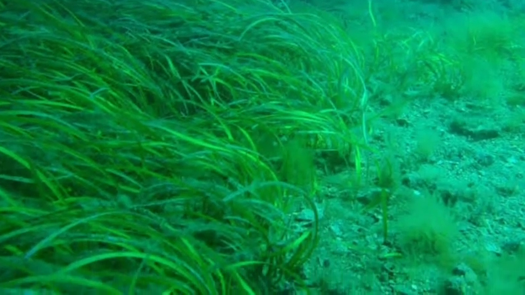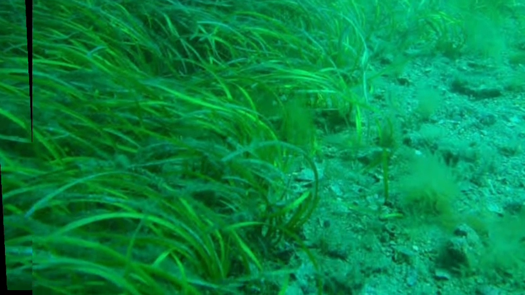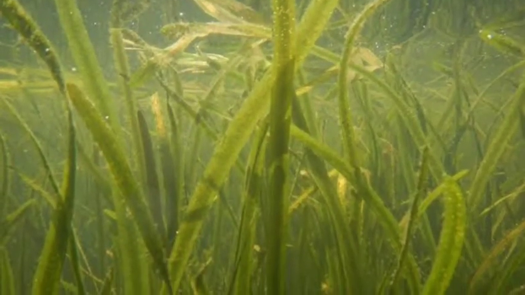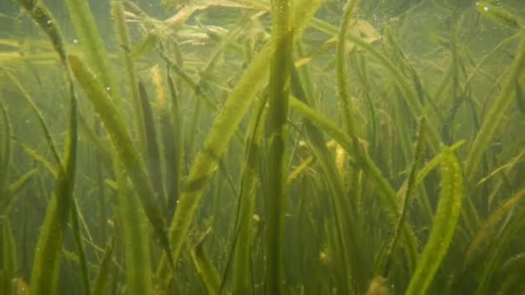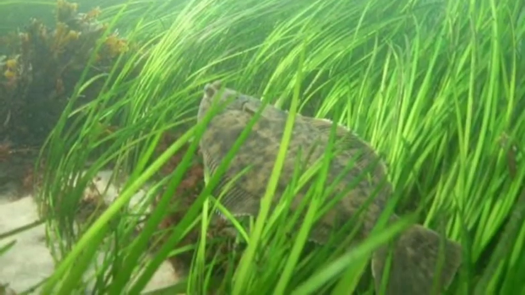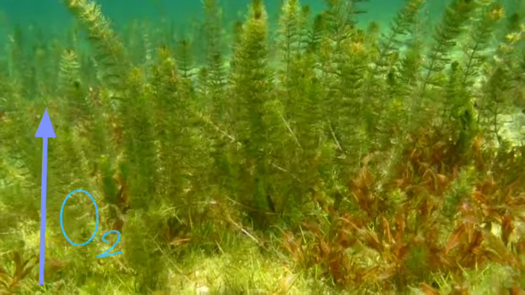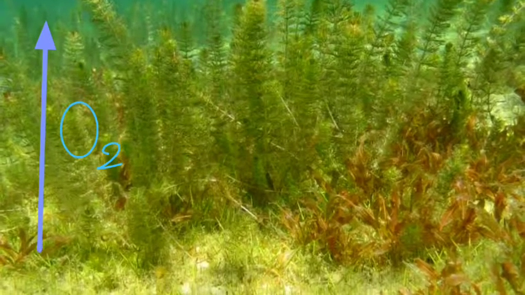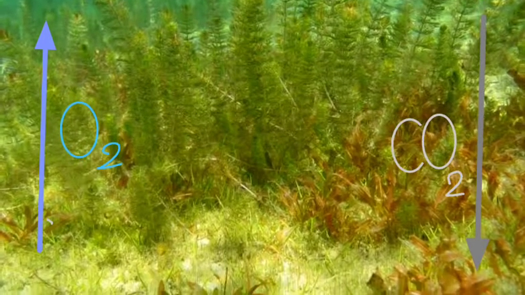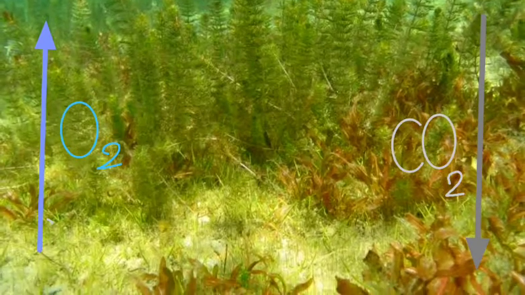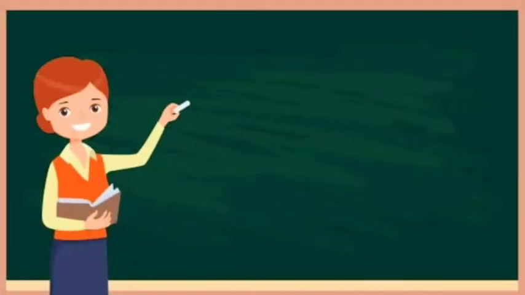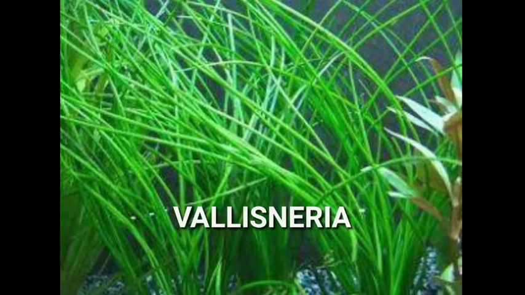They have a very flexible stem. They breathe through stem. These plants increase the level of oxygen in the water and reduce the level of carbon dioxide. For example, Vallisneria and Hydrilla.